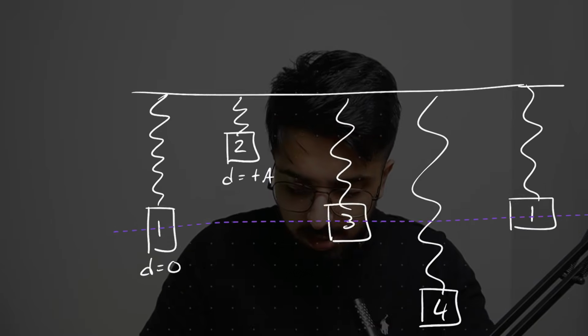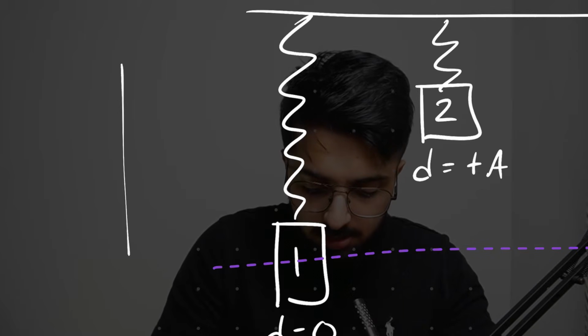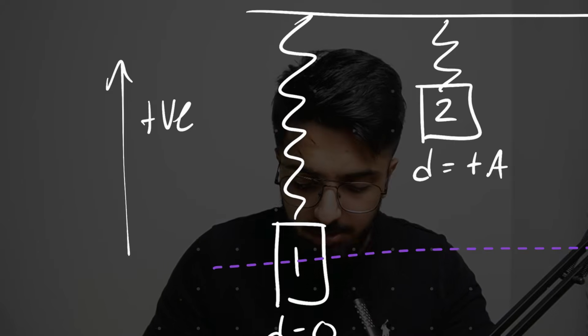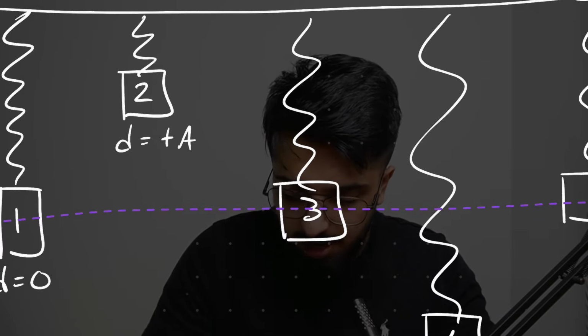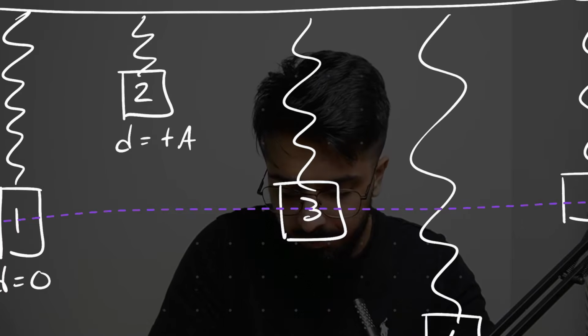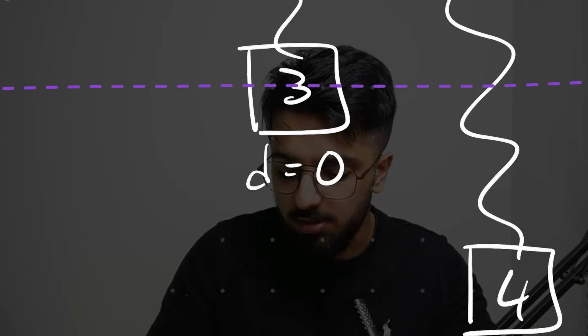The reason why I called it positive A is because we are going to define upwards as the positive direction. Then at point number 3, the mass has moved downwards again, and we are back at the mean position, so our displacement is now equal to 0 once more.